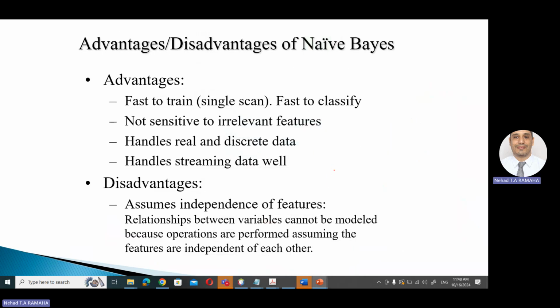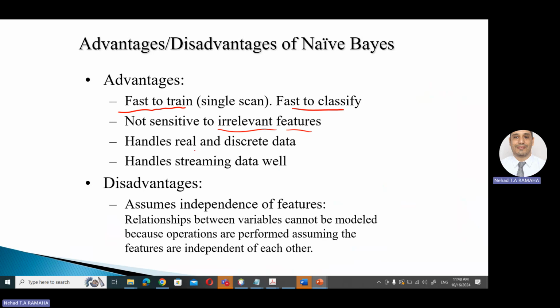Okay, about the advantages and disadvantages. Comparing with other classifiers, it's very fast to train because you need just a single scan, and it's fast to classify. It's not sensitive to irrelevant features. So if some features make no change, they will not change the result.